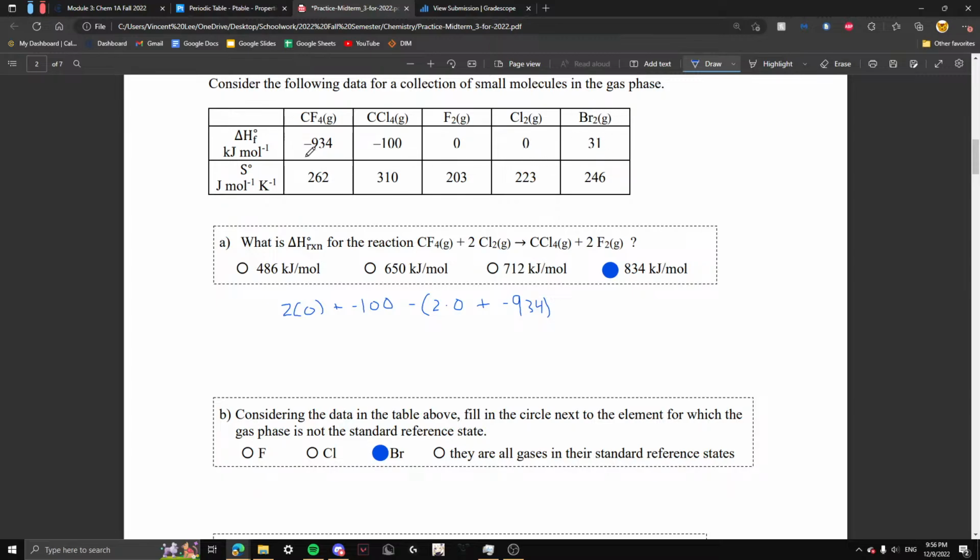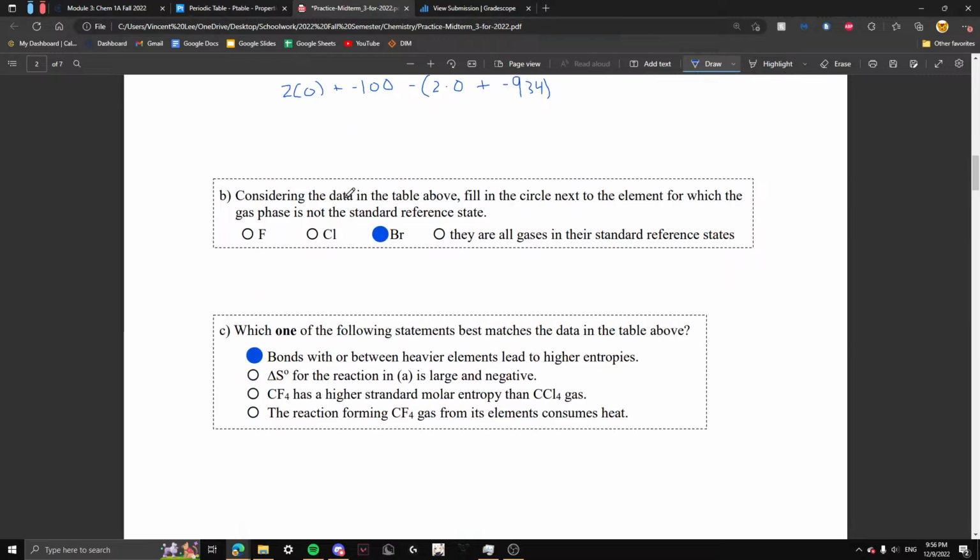But for Br2, the enthalpy of formation is a positive number, which means that it took energy to create this Br2, which means that it's a non-standard thing. If it was negative, then the formation of this is releasing energy. So we're looking for the thing that has a delta HF of 0.